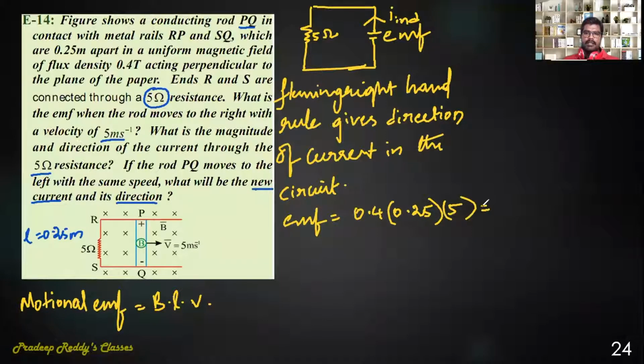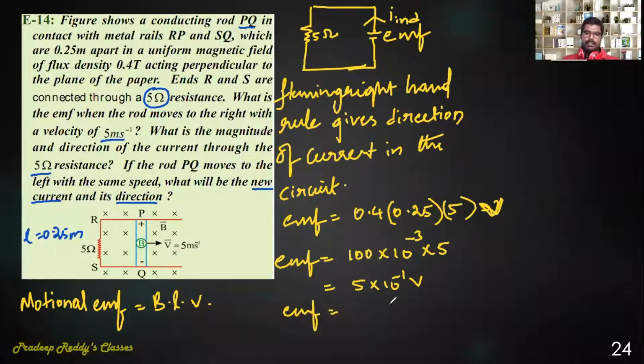And this is in volt, because EMF will be in volt. So EMF produced will be equal to 25 into 4, it is 100 into 10 power minus 3 into 5. This is equal to 5 into 10 power minus 1 volt. So EMF induced will be equal to 0.5 volt.